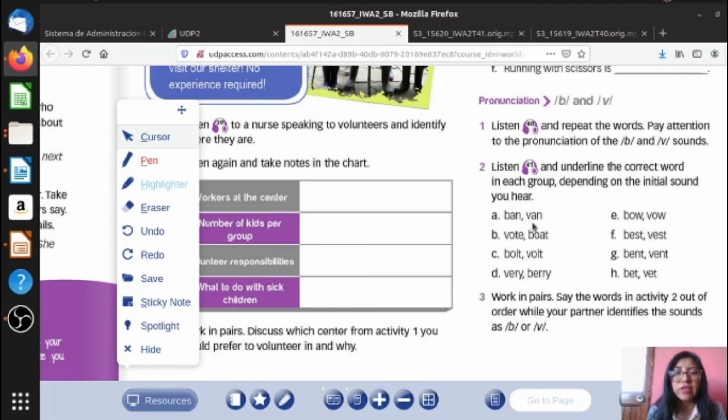Okay, for example, vote, vote. That is the difference. Okay, so you have to do this exercise in our books. So mark the correct answer.